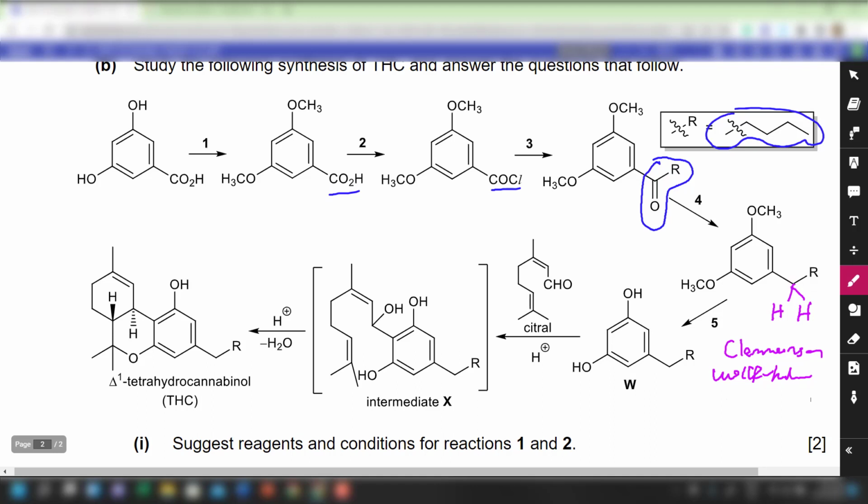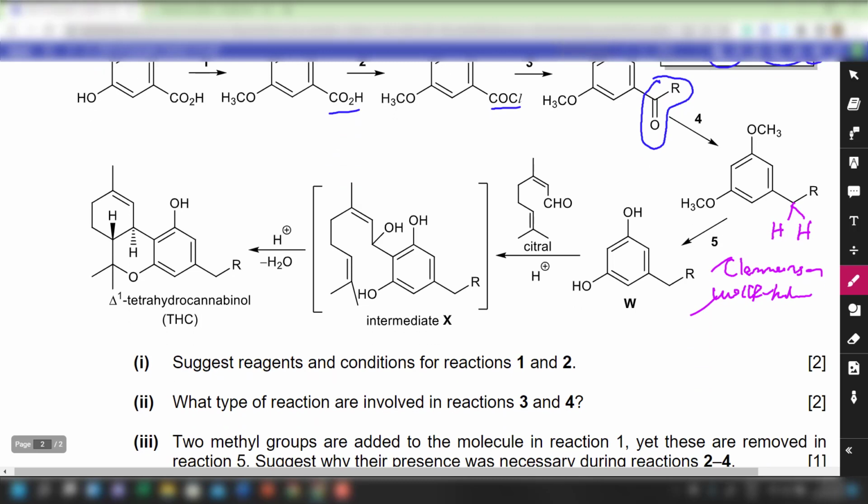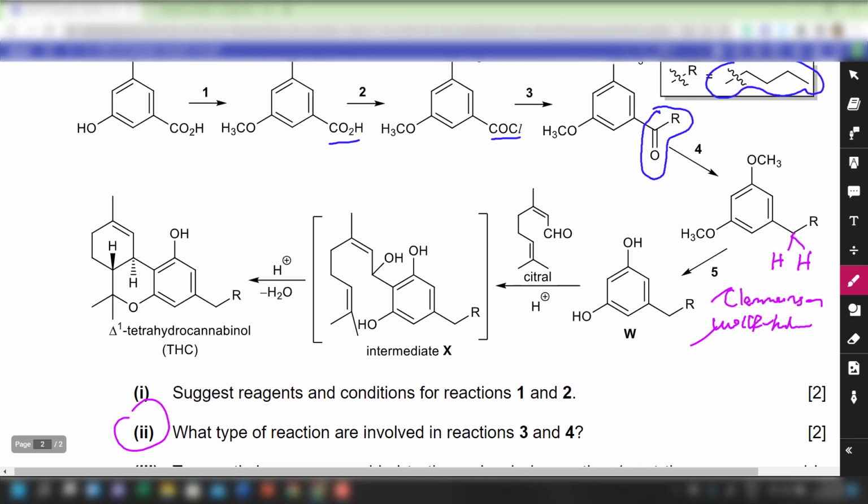Clemmensen reduction uses a very acidic condition. In our case here, the presence of the ether group shouldn't affect it. Wolff-Kishner is slightly basic, so it's fine as well. You can look out for these two reactions if you are interested. If not, you won't be asked anyway. You are probably asked what kind of reaction is that. I think later on part 2 asks you the type of reaction occurring in steps 3 and 4.